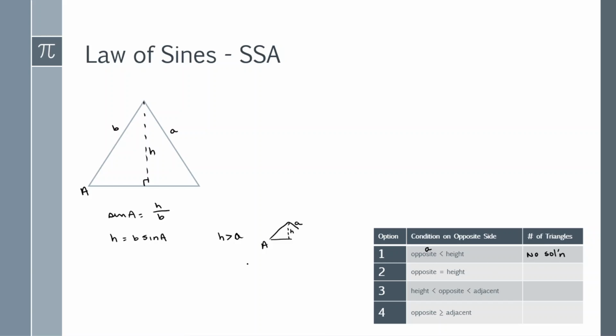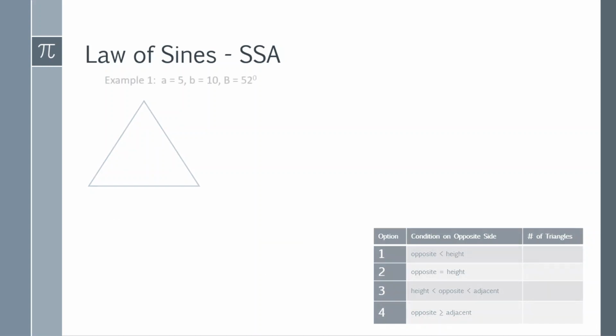Now, if H happens to equal A, then what we end up with is one right triangle. Now, these other two scenarios end up giving us either one triangle or two. So let's walk through one of these problems and figure out why.